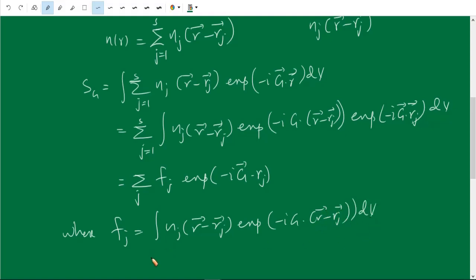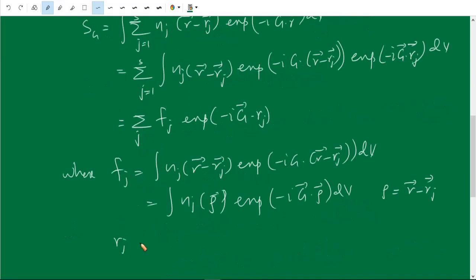dV, which is equal to integral Nj of rho exponential minus i G dot rho dV, where rho is equal to r minus rj vector. Rj vector is the position vector of jth atom in the cell.